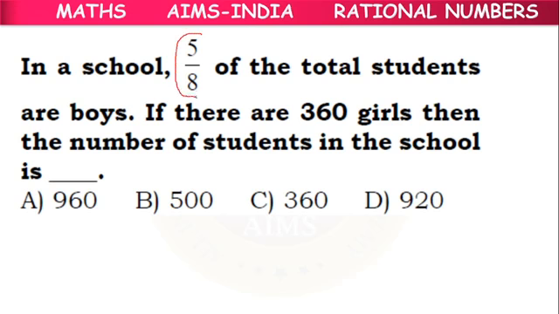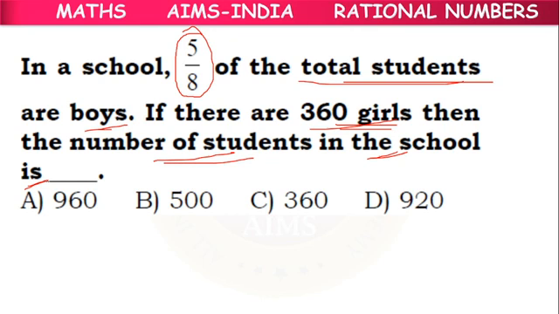So in a school, 5 by 8 of the total students are boys. If there are 360 girls, then the number of students in the school is dash. 5 by 8 of the students are boys, which means the remaining are girls.